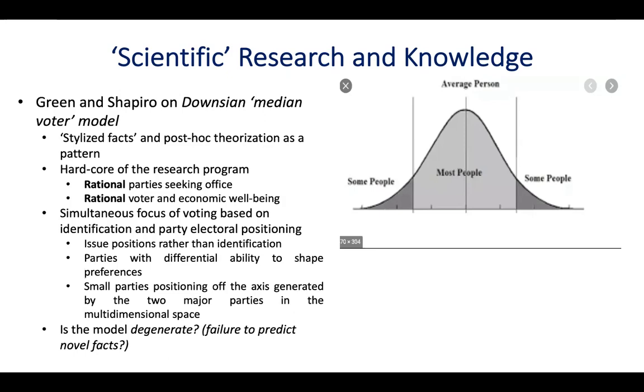Okay, this is the hard core, but some new facts emerged, and they did exist. And this kind of model, this kind of research program, did not predict them. So can we speak of a degenerating median voter model, because it failed to predict some new facts, according to Lakatos?